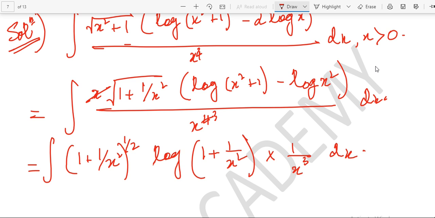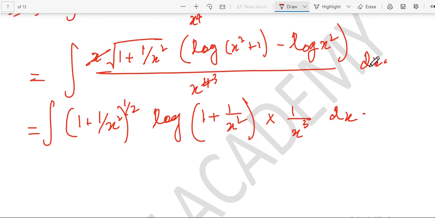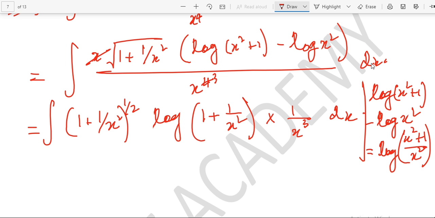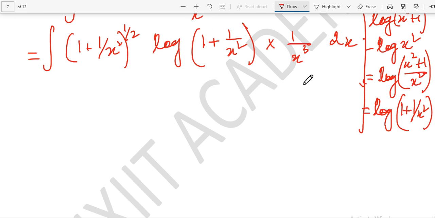Why is this log of 1 plus 1 by x square? Since log of x square plus 1 minus log of x square is the same as log of x square plus 1 divided by x square, and if we further divide this, this is 1 plus 1 by x square, that's why log of 1 plus 1 by x square multiplied by 1 by x cube.